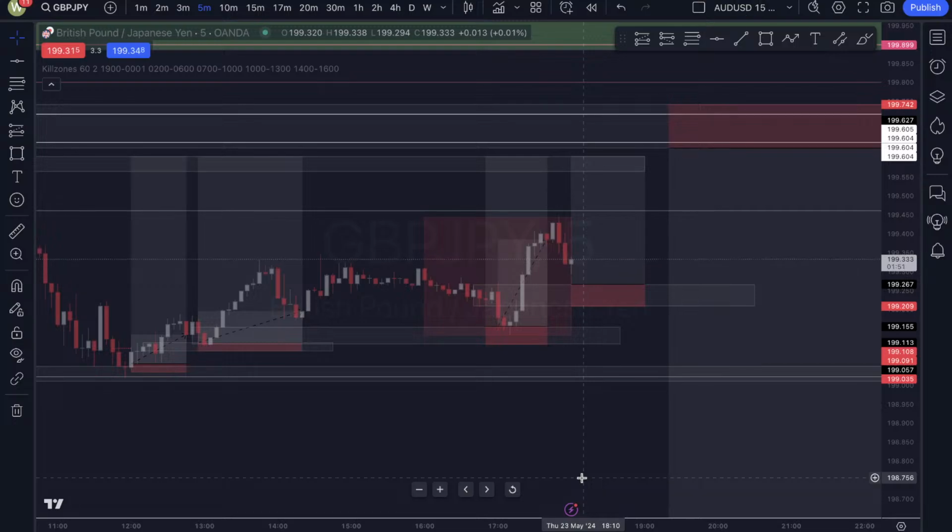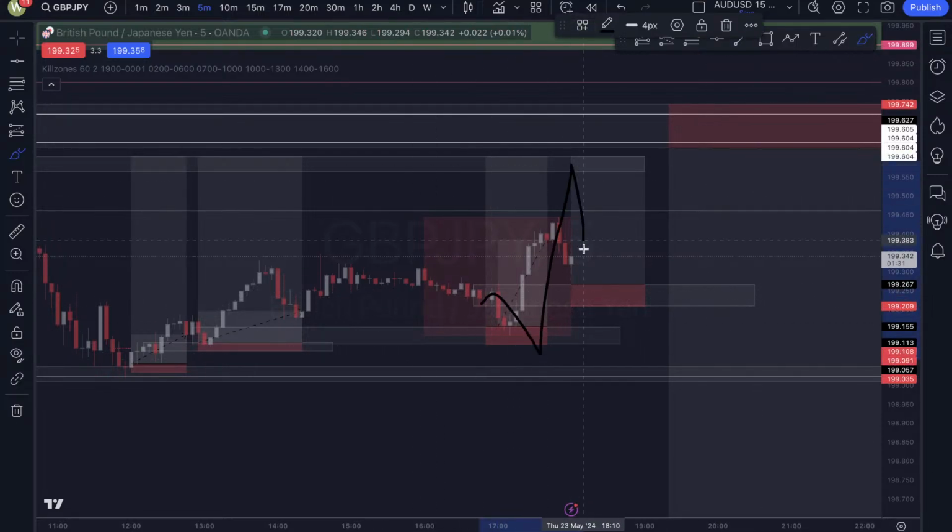So now just watching what price wants to do at these levels. We did get that break, so just following basic market structure that I've learned from one of my mentors.